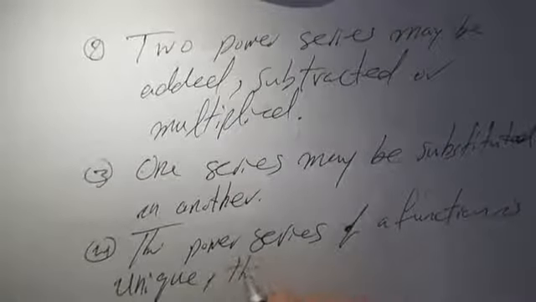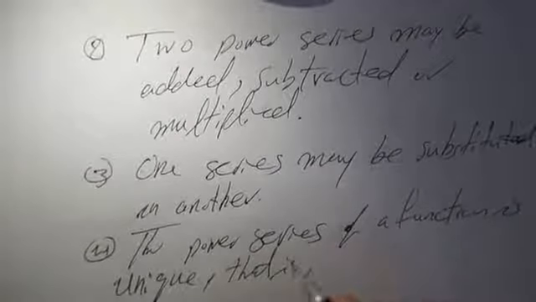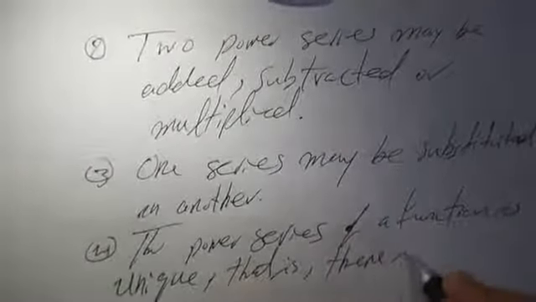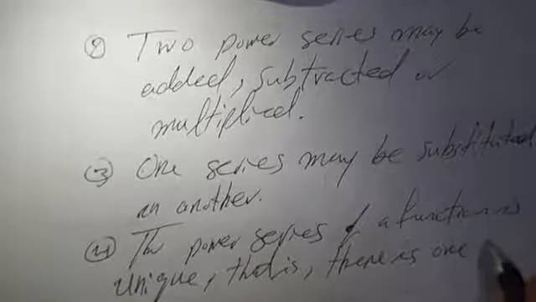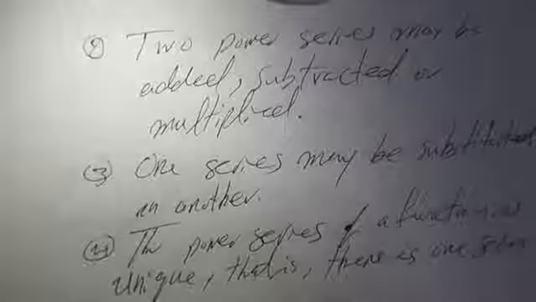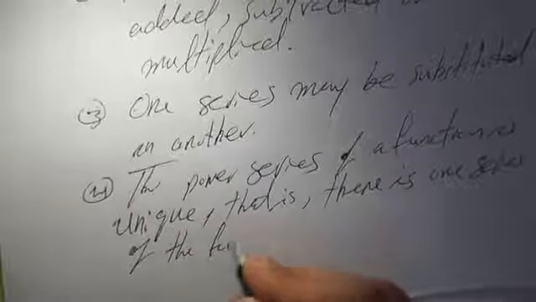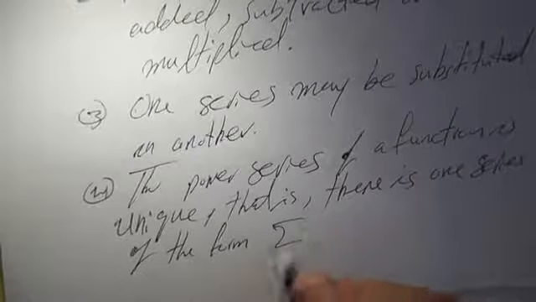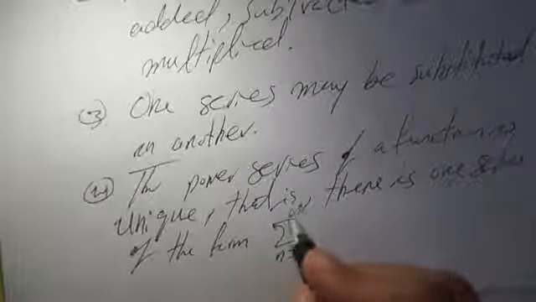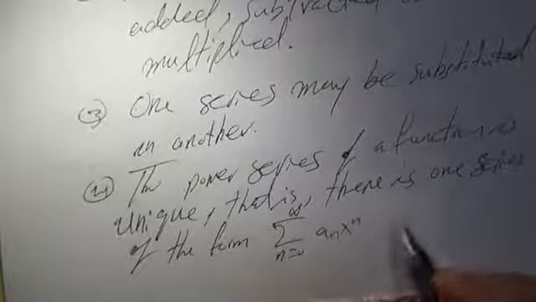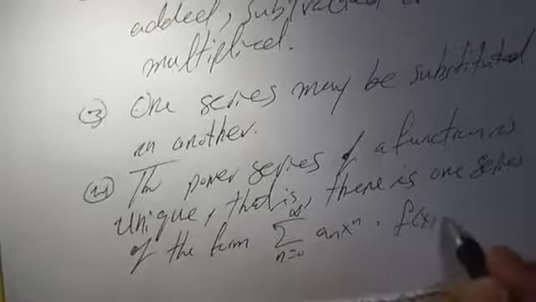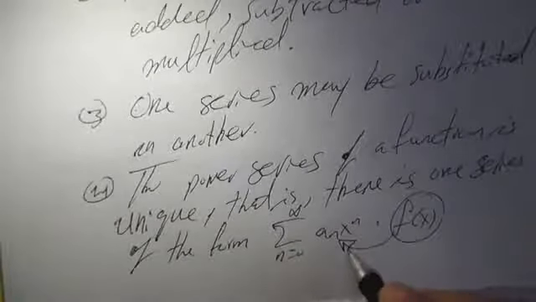Unique, that is, there is one series of the form sum n equals 0 to infinity an xn. شنو معنى هذه الملاحظة الأخيرة؟ أنه لو كانت لدينا function f(x) لها power series واحدة، ليس لها أكثر من صيغة power series.